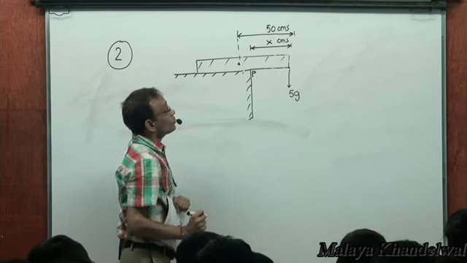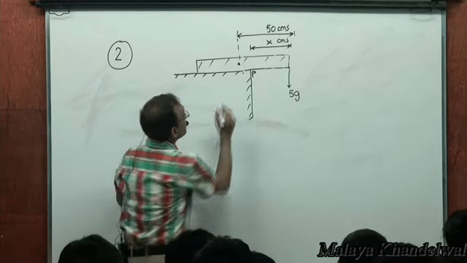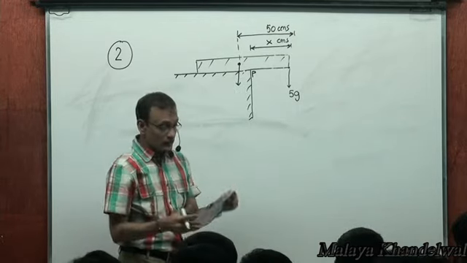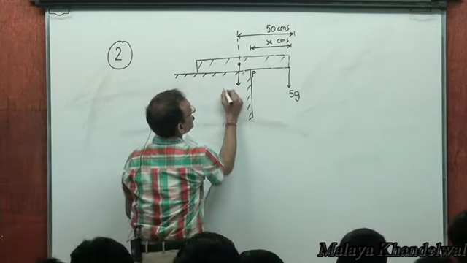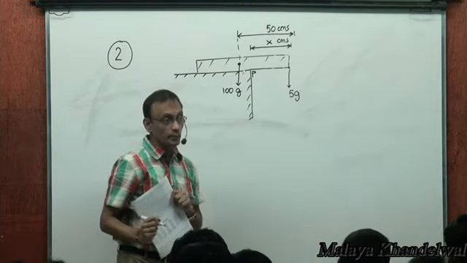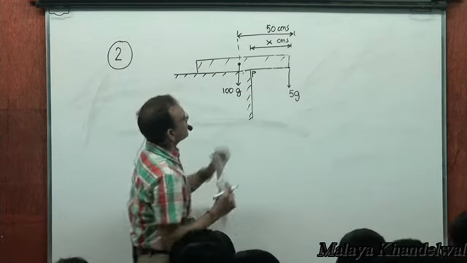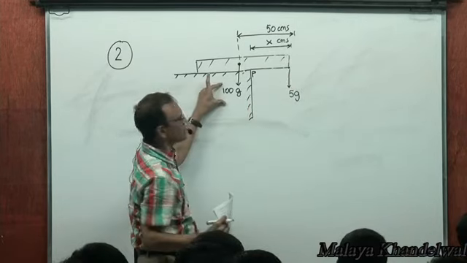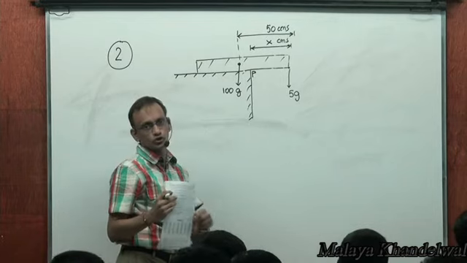Now from this point, you can imagine the entire weight to be acting. What is the weight? 100 grams, acting like this. So this is proportional to the force also. 5 grams and 100 grams, that's proportional to the force also.